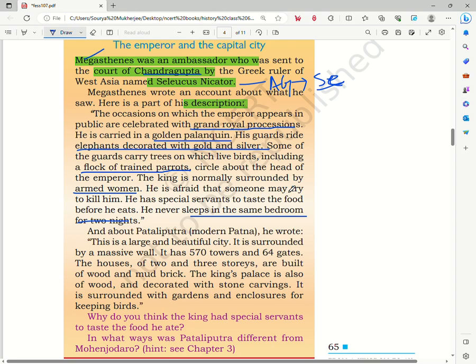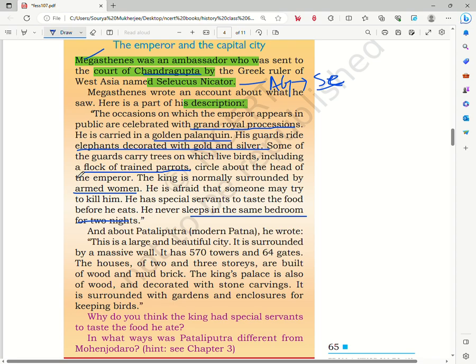The elephants were decorated with gold and silver during the royal procession, and there were also armed women guards, women who were trained in fighting. They also acted as guards to the emperor.